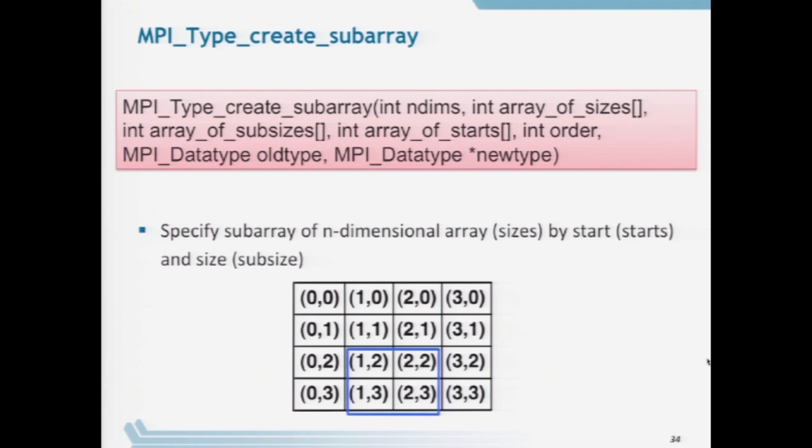Type create subarray is effectively a kind of vector constructor that allows you to specify a subarray out of an n-dimensional mesh. If you want to play around with data types, a good exercise is to figure out how to implement this functionality using the other MPI routines, so using vector, H vector, and so forth.